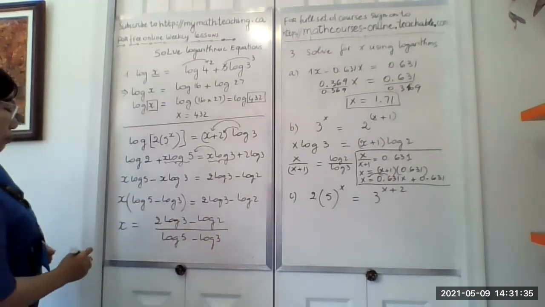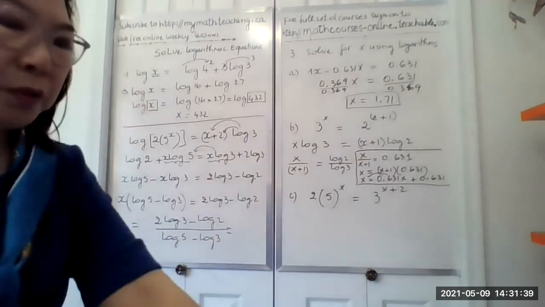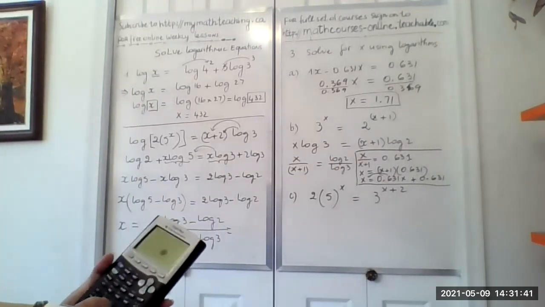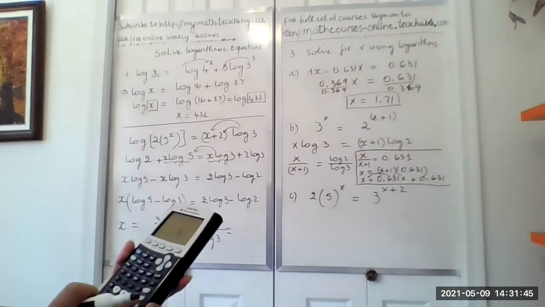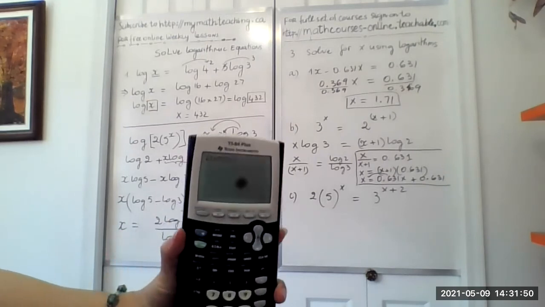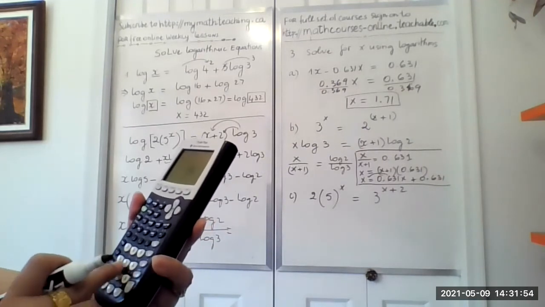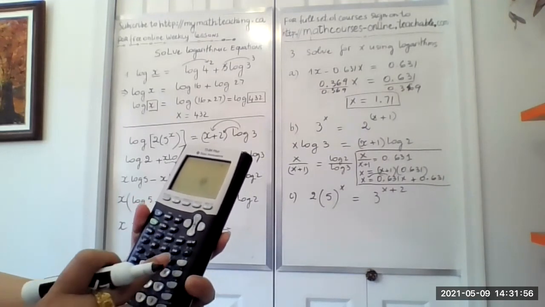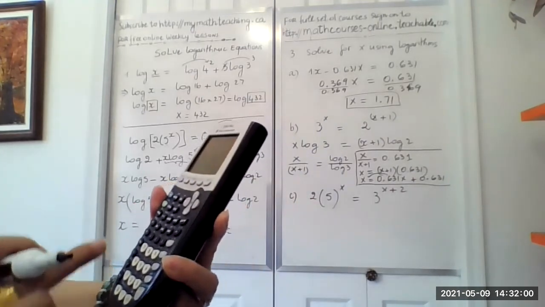So after you do this, you can use a calculator and figure it out, okay? So now x will be equal, I'm going to key in 2 log 3, right? Minus log of 2. So that's how I perform on the calculator.